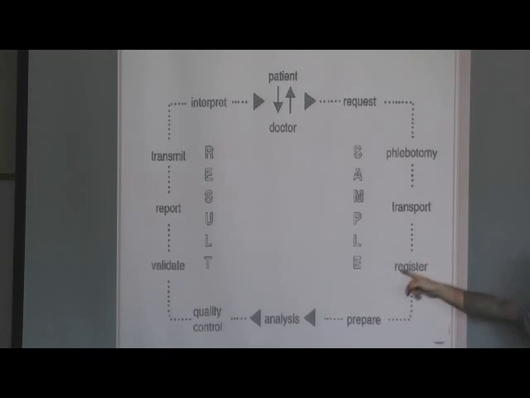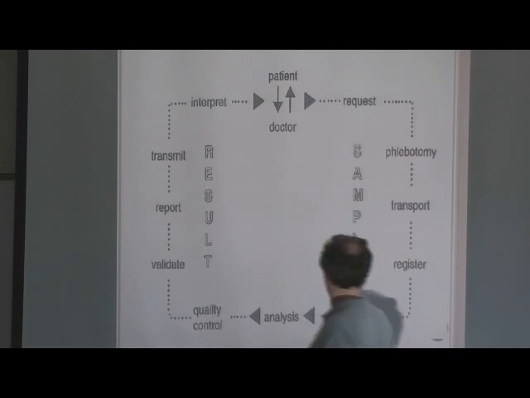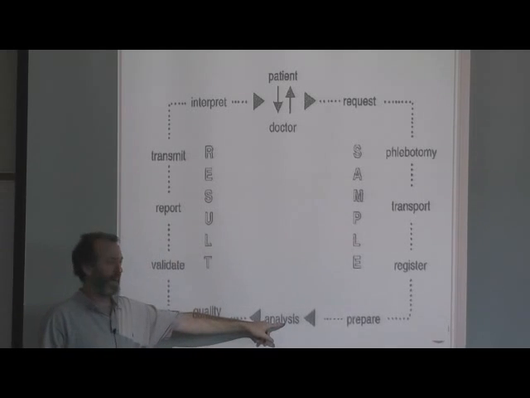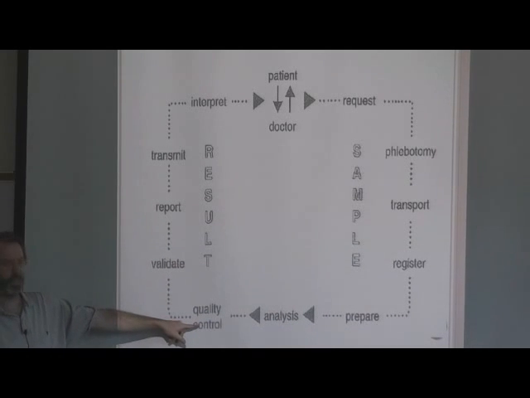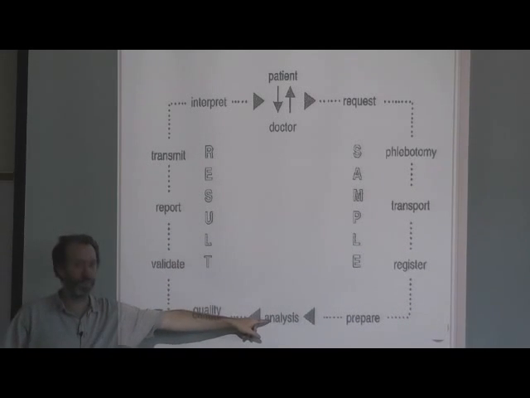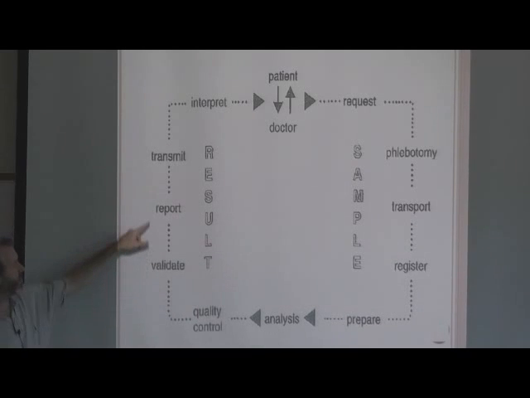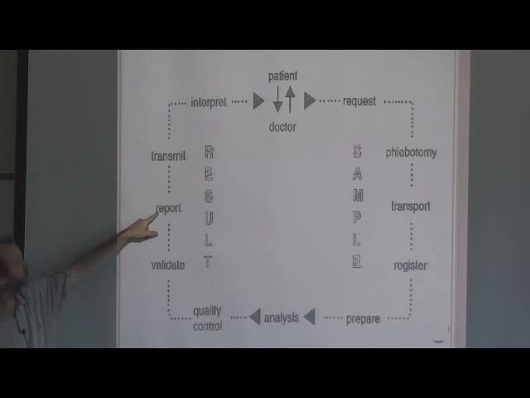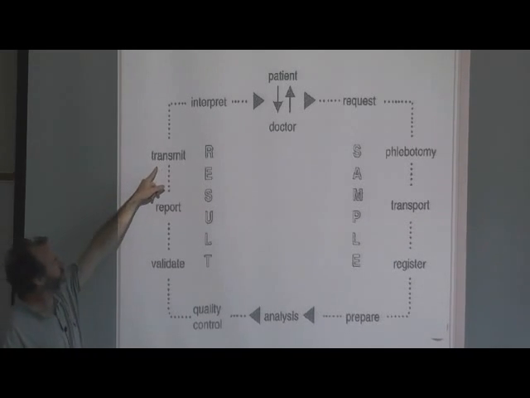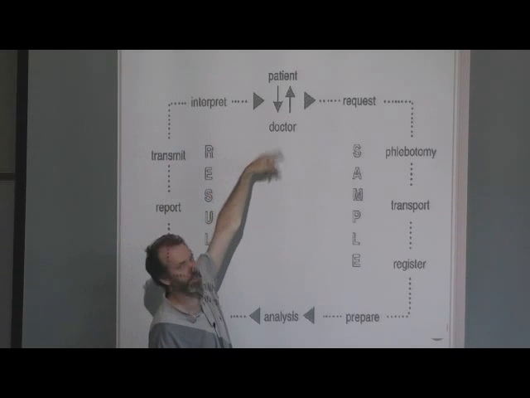Transport the sample, register that sample under the LIS. Then they take it to the lab where it gets prepared, do analysis on the sample, get the quality control done on the machine to make sure the analysis is okay, if the machine's okay. And then that validates that result. They come up with a report, transmit the report, which then gets interpreted by the patient or doctor back at the communication.